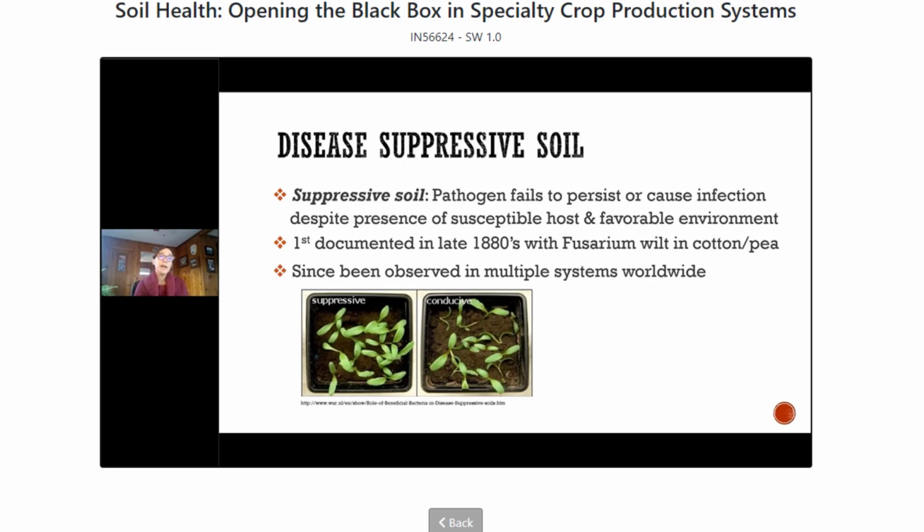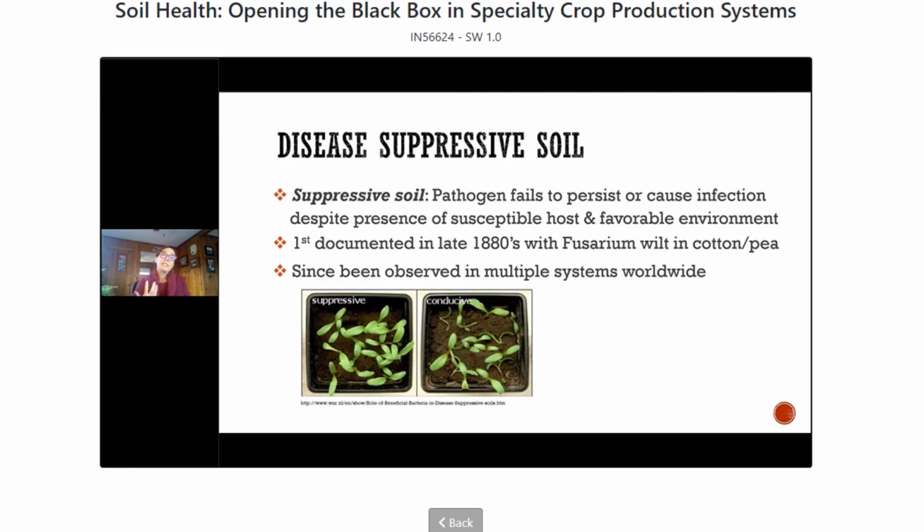And so the idea of that is basically, when you look at this little picture down below on the right, is a conducive soil. And this is what we would expect. There's the presence of a problematic pathogen, the environmental conditions are good for that pathogen, and you have a susceptible host, and so the plants are negatively affected.